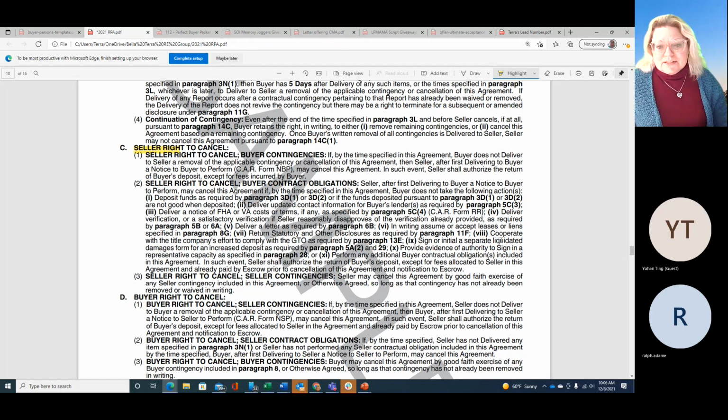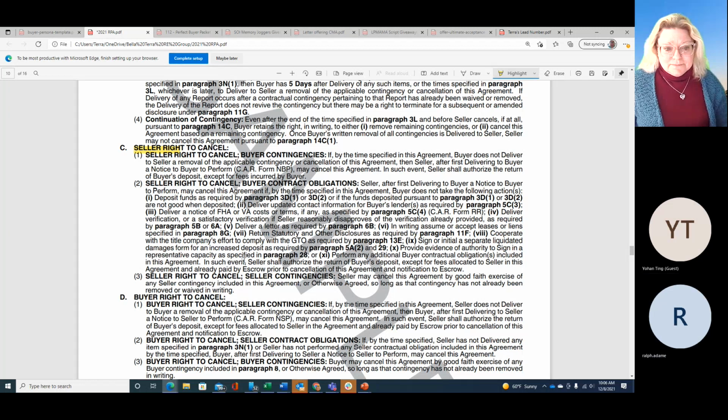Number 8, sign or initial a separate liquidated damages form for an increased deposit as required by paragraph 5A2 and 29. Number 9, provide evidence of authority to sign in representative capacity as specified in paragraph 28. So that's again, someone who is signing for the buyers in a legal capacity. Or number 10, perform any additional buyer contractual obligations included in this agreement.